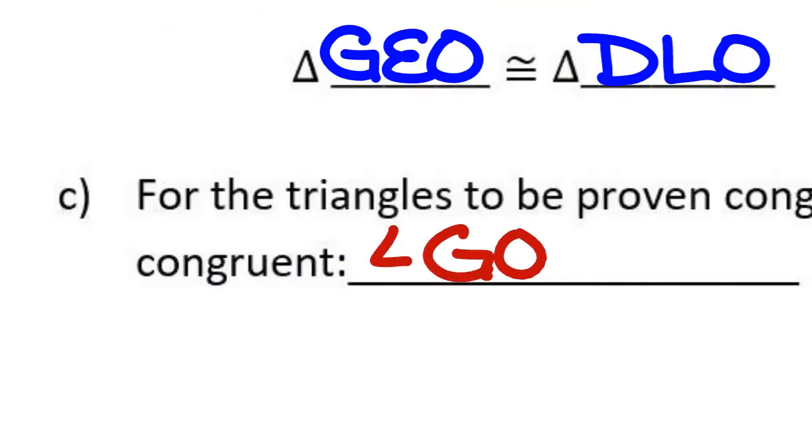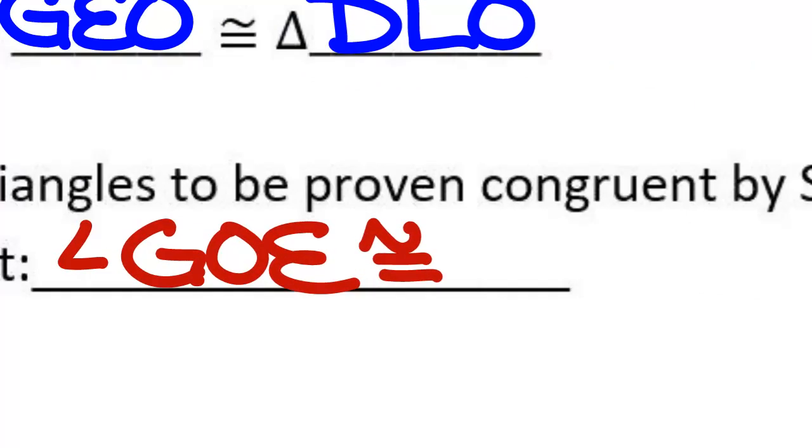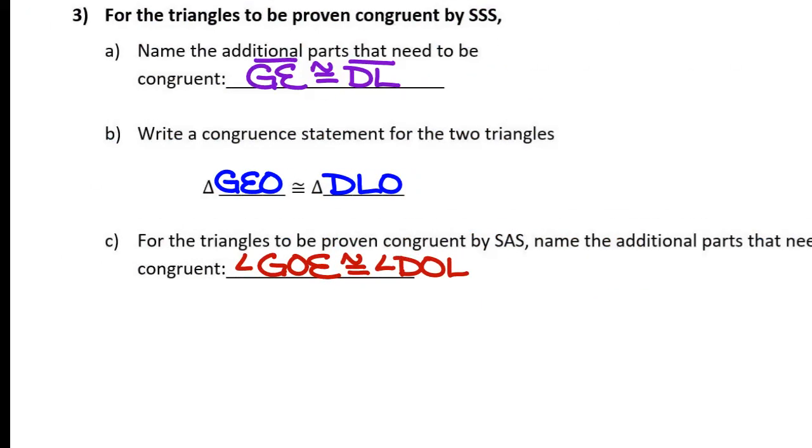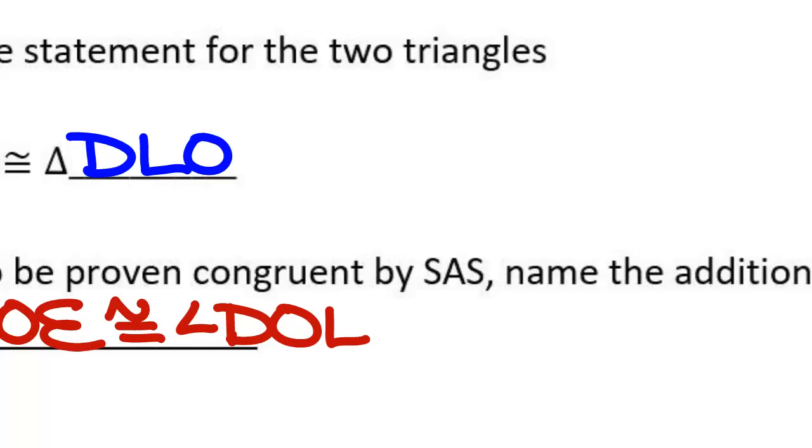Angle GOE is congruent to angle DOL. Now I could use side, angle, side to show these 2 triangles are congruent.